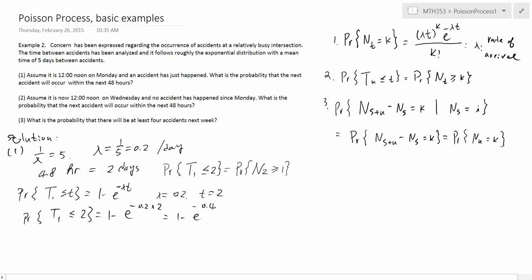This value can be easily found using a calculator, or we just use this expression for the probability.